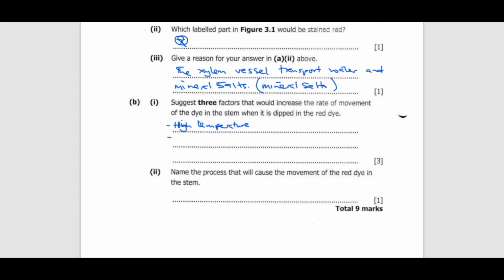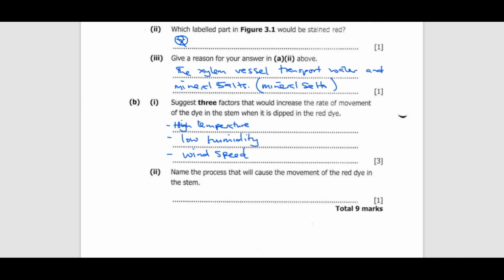Number 2, we can say low humidity. And then the third one, you can say wind speed, or if you want, you can write high light intensity.